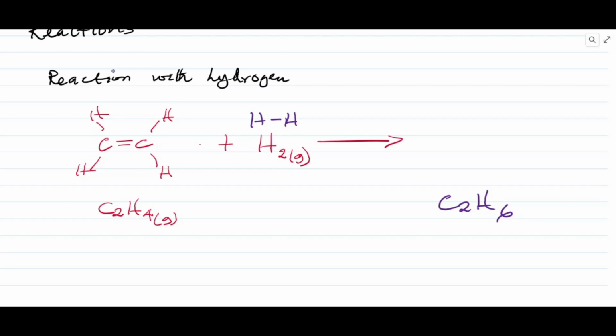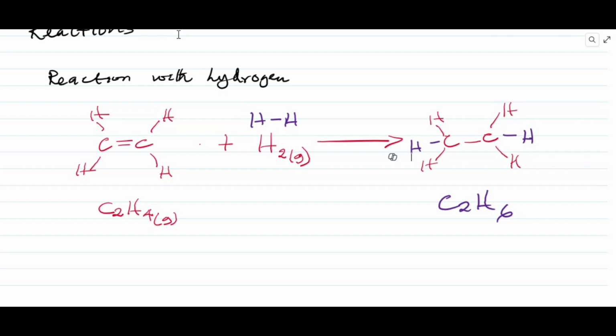So we are going to get C double bond C, I will put this double bond, then H, H, H, and H. When we add these two new hydrogens, one we add here and the other one we add here. They will add across the double bond. By doing that, the double bond will become a single bond like this.